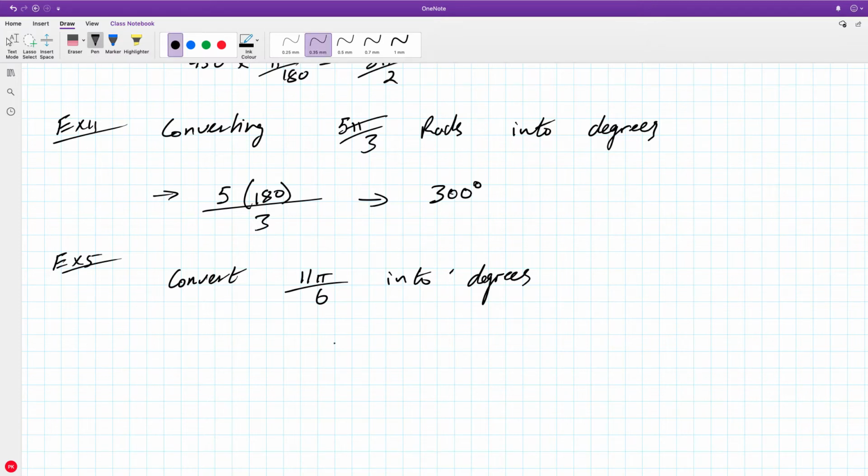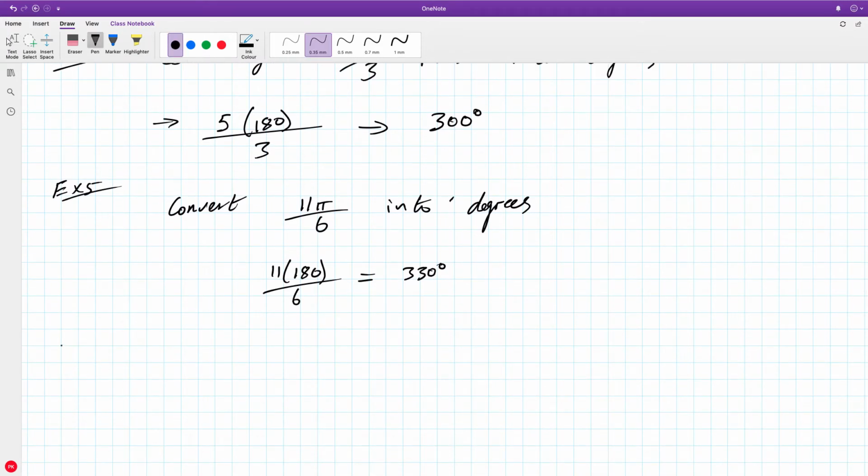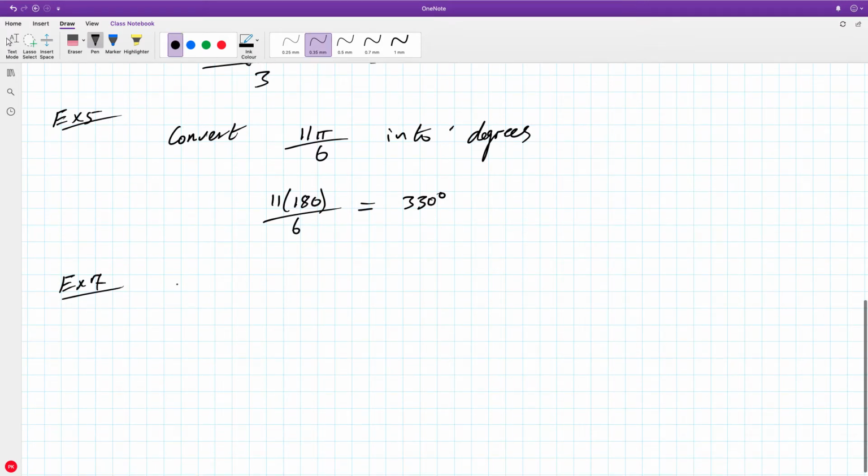We get 330 degrees. 11 times 180 over 6 equals 330 degrees. Right, stepping it up. As I said, we're going to fly through the basics on this first of all.